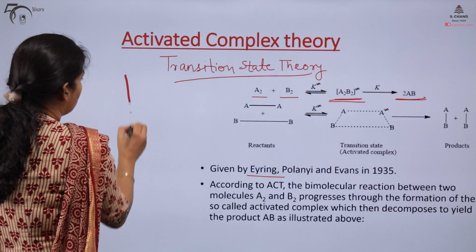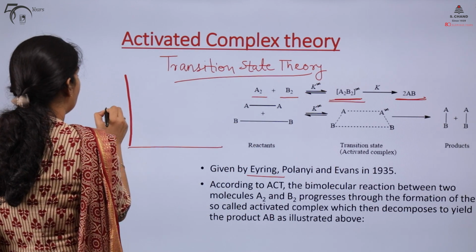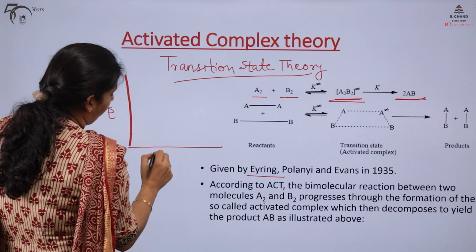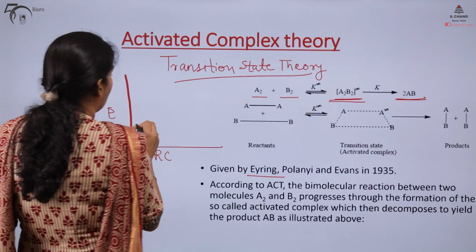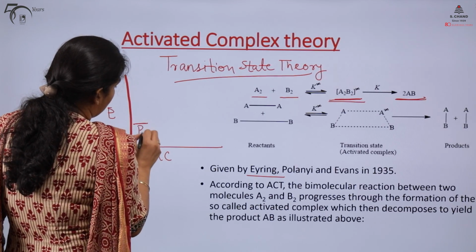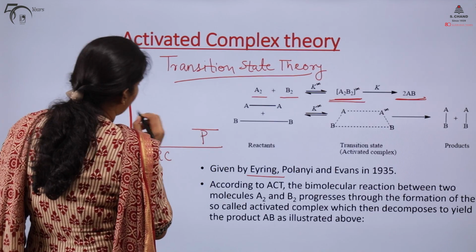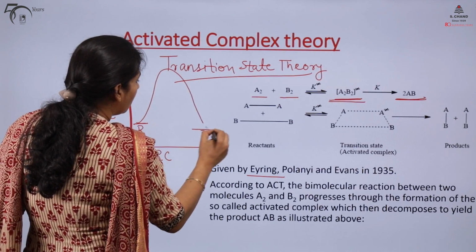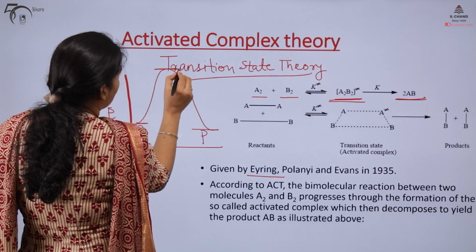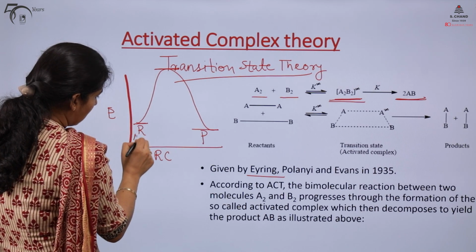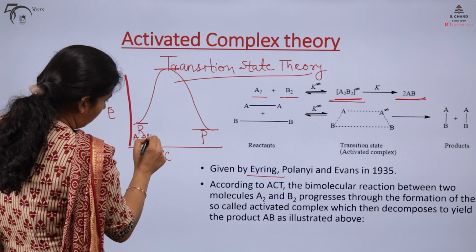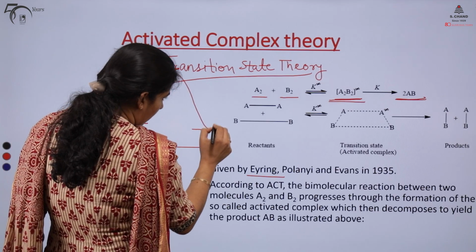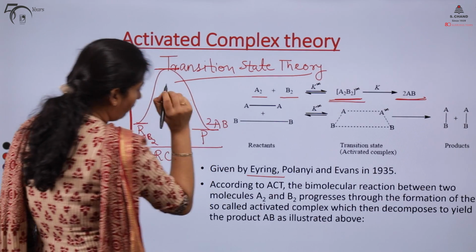So again we can draw the energy level diagram, the energy profile for a reaction, with reactant and product. In between the reactant and product, what will happen? So this is, let's say, my A2 and B2, and this is AB getting formed.